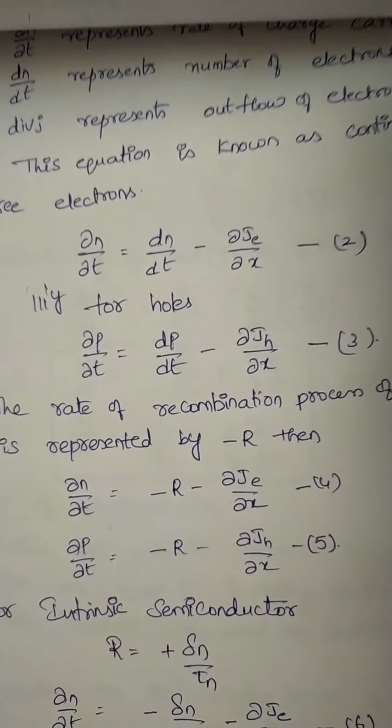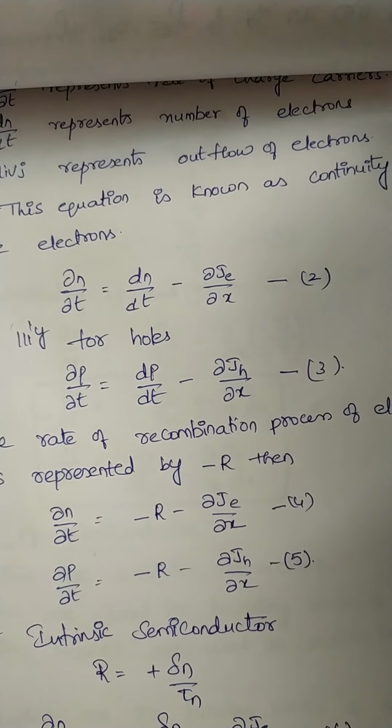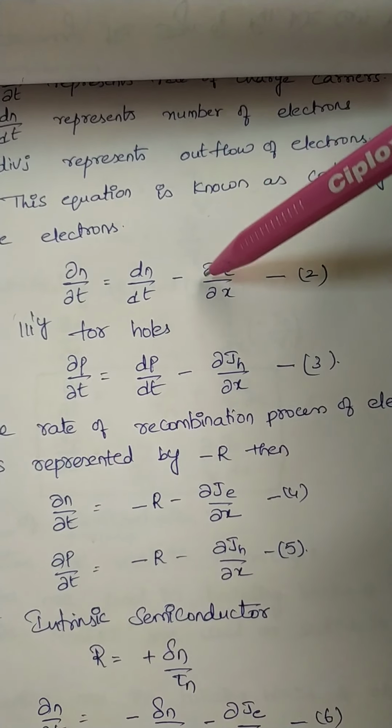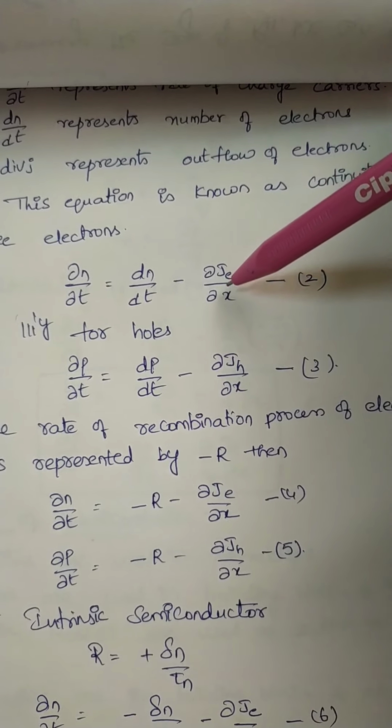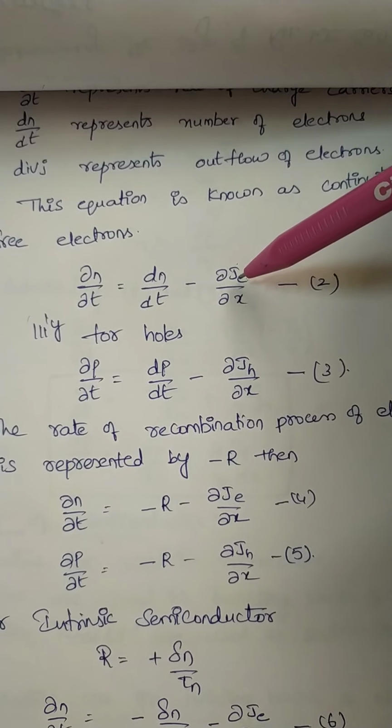Now, the equation we have written is for the electrons: ∂n/∂t = dn/dt − ∂Je/∂x, where E represents electrons.